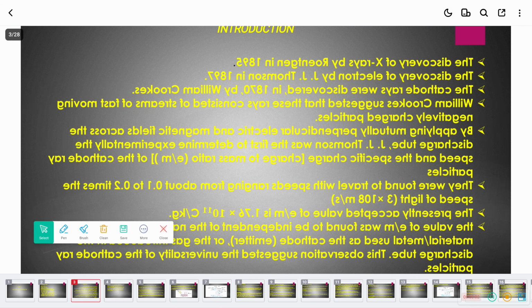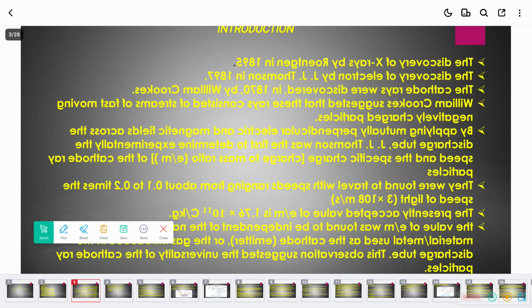The cathode rays were discovered in 1870 by William Crookes. See, this will develop your mind and your brain.